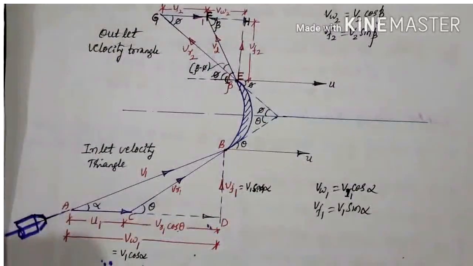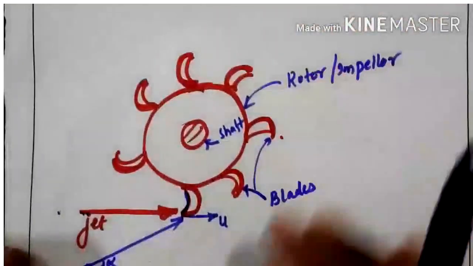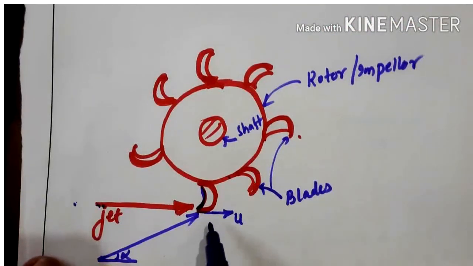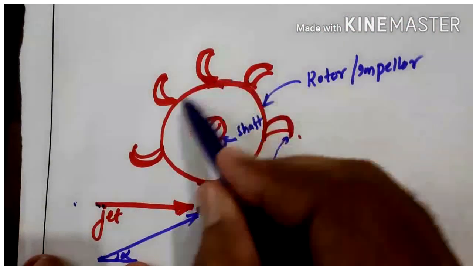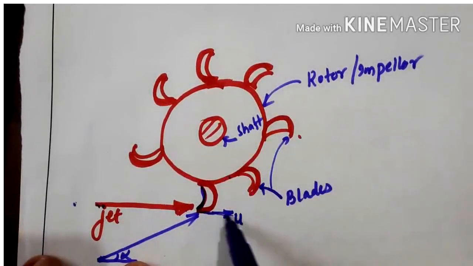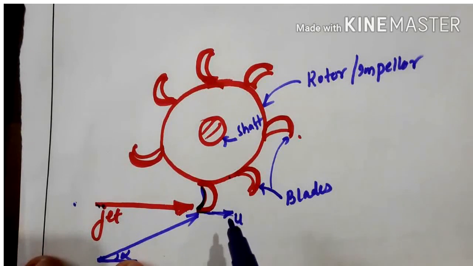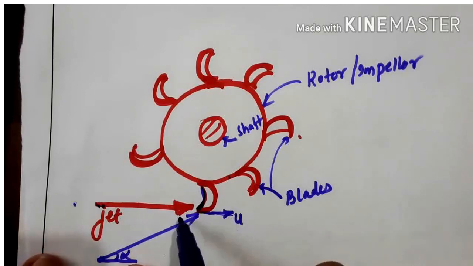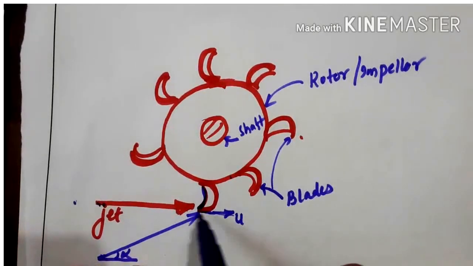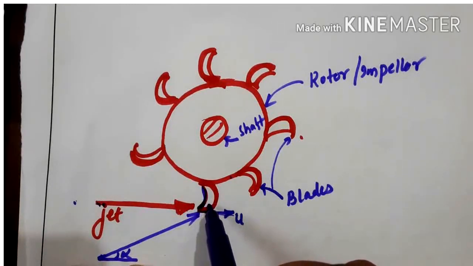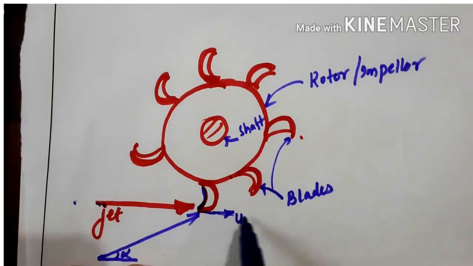And look at this figure: though the blades move in a circular path, not in a linear path, if you consider a very small amount of time for which the blade is in contact with the fluid, we will assume that it has a linear motion like this.